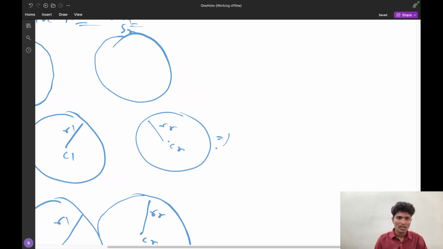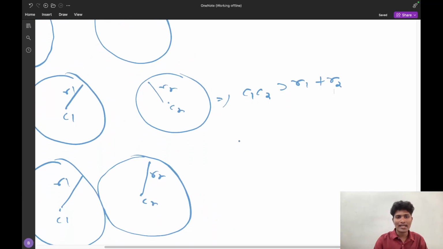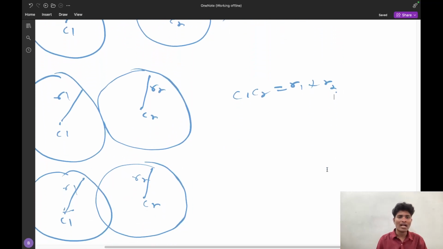That is, the center distance here. The center distance between the two is greater than R1 plus R2. Yes, this case. And the second case is the center distance is equal to R1 plus R2. Yes. And the third case, intersecting, if the center distance is lying between R1 minus R2 and it is less than R1 plus R2.